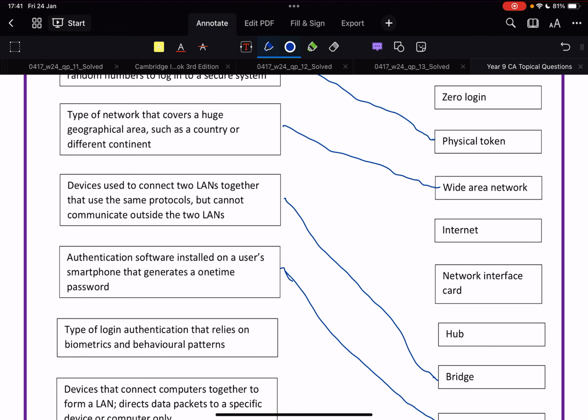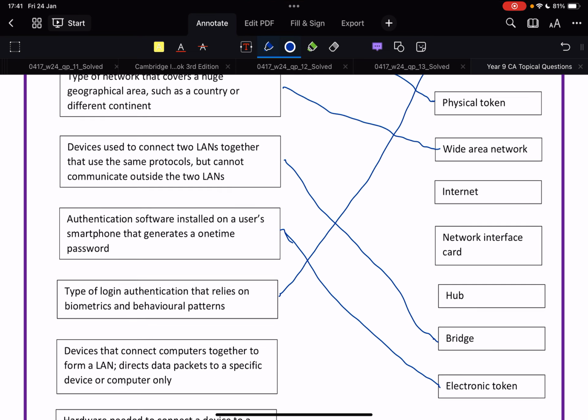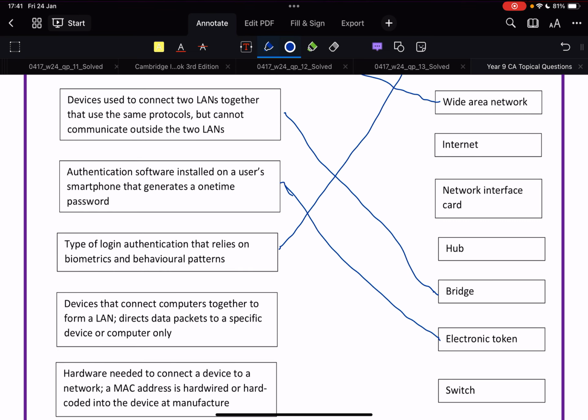So this will be zero login. Device that connects computers together to form a LAN and directs data packets to a specific device. So that's your switch.